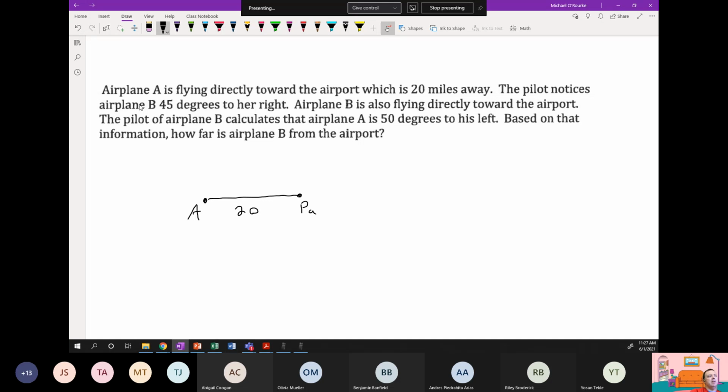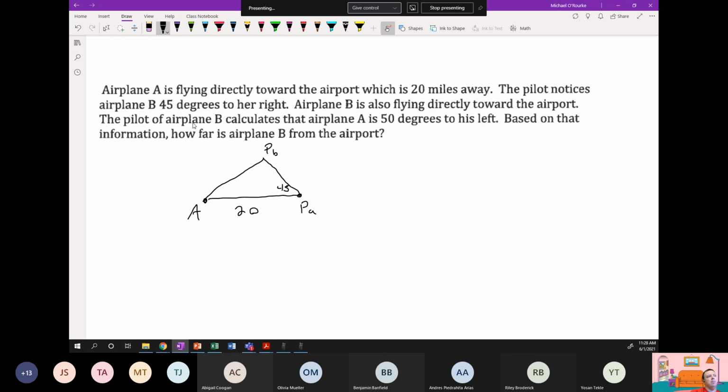The pilot notices an airplane 45 degrees to her right. So there's a plane over here, and the angle here is 45 degrees. Okay? Plane B is also flying directly towards the airport. So I'm going to put a PB here.